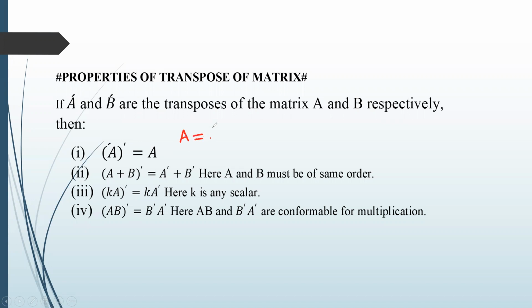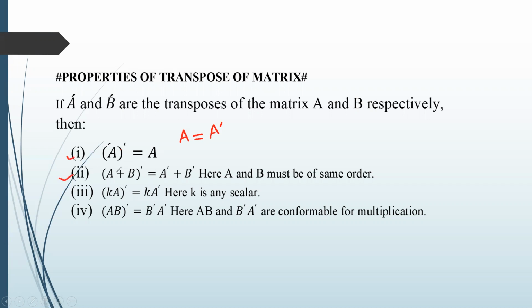Now the number of rows will be the number of columns, and then again find the transpose, then the number of rows will be the same as the original matrix. Okay, so this is the first property.